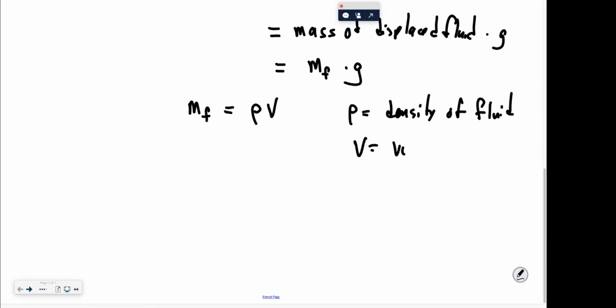V is the volume of what? No, it's the volume of the object. This is where it gets strange, right? So you've got this brick. You want to know what the net upward force due to buoyancy is. You use the density of the fluid to make this calculation, but it's the volume of the brick that matters. That's going to give you the net upward force.